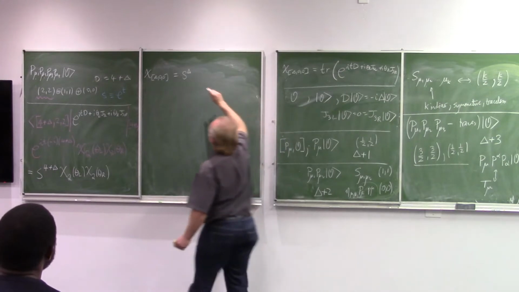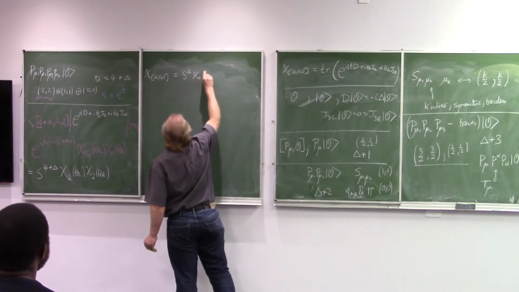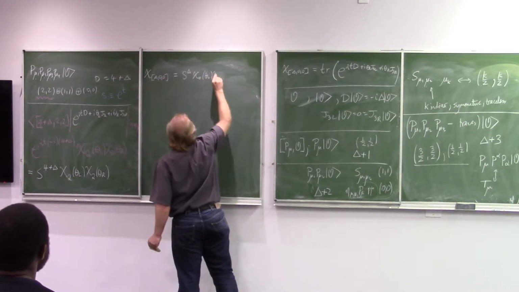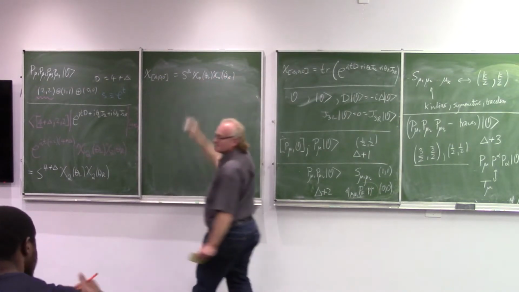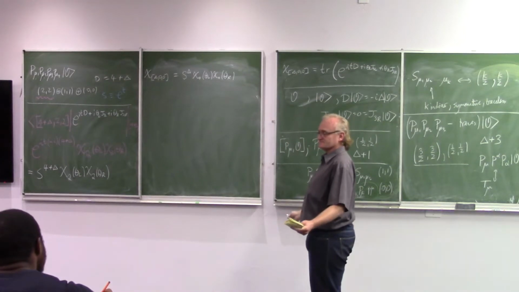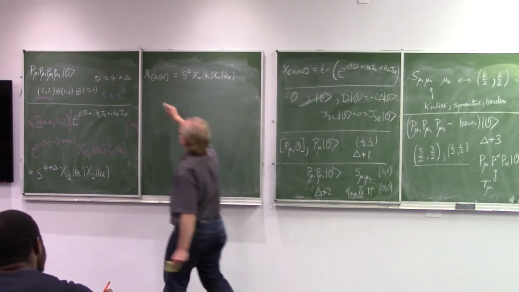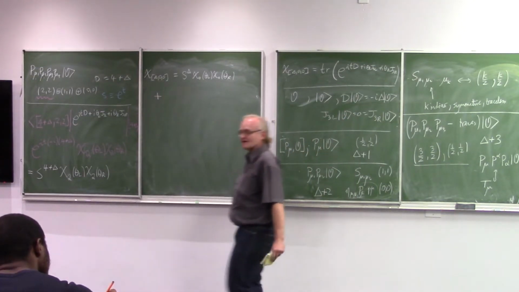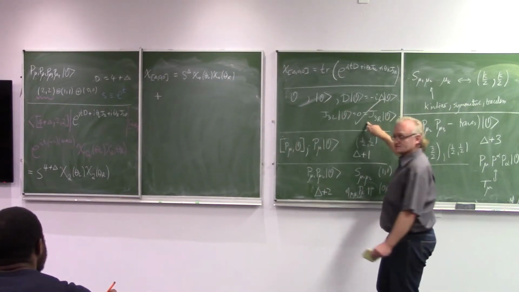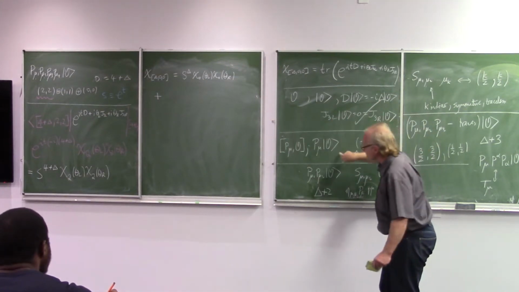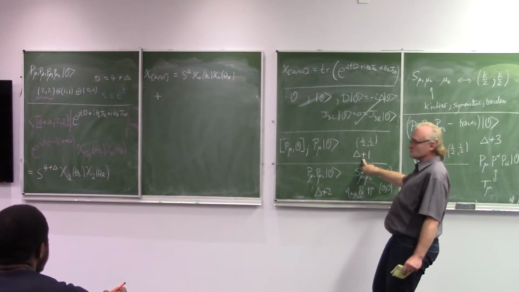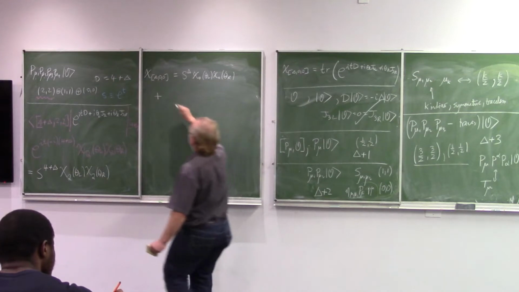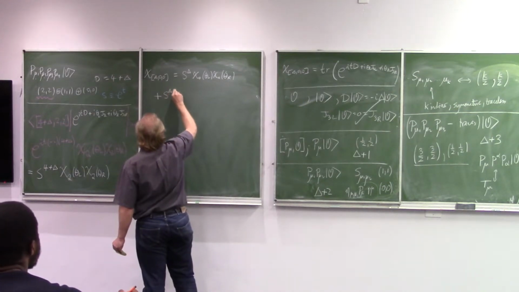But this first state is spin 0. So I can write chi naught of theta left times chi naught of theta right. They're both spin zero. Plus, now I've taken this state in the trace. Now you need to trace this state. For this state, the dimension is delta plus 1, so we'll get S to the delta plus 1.